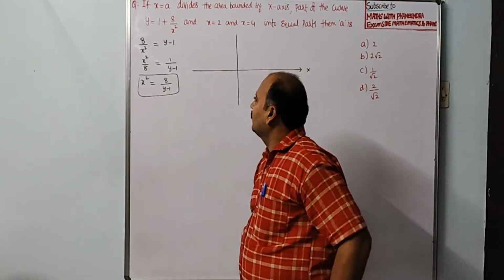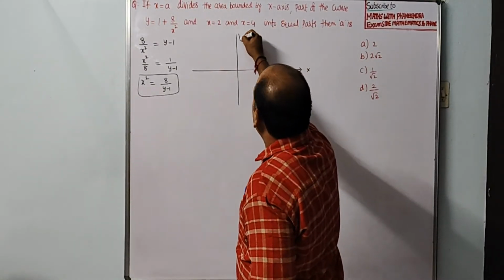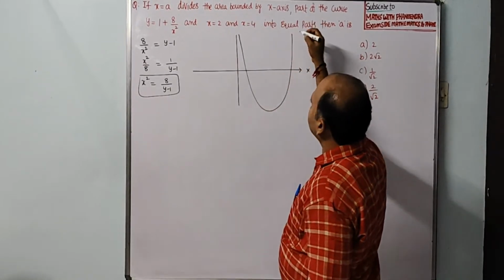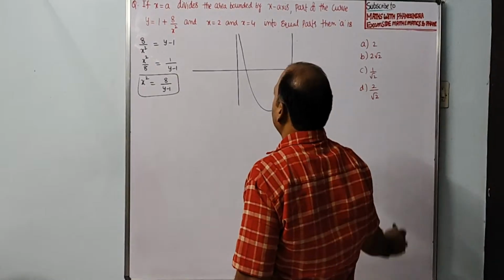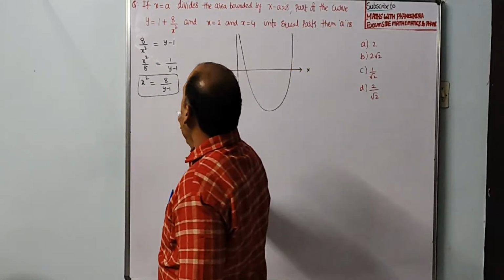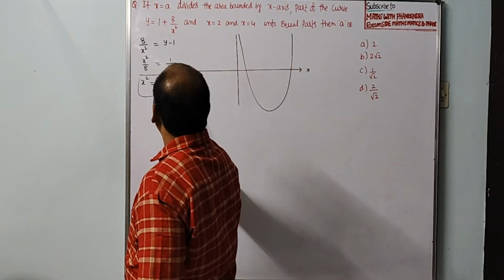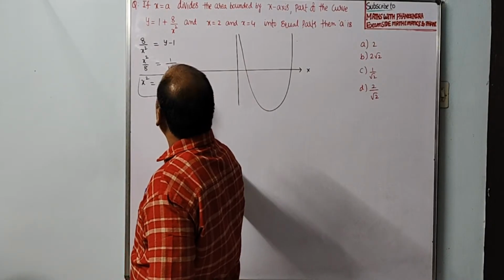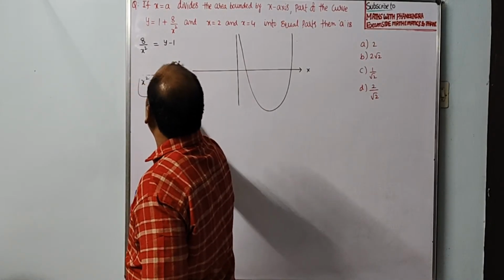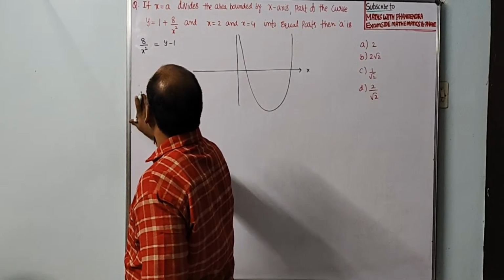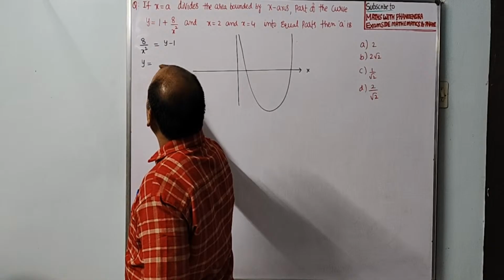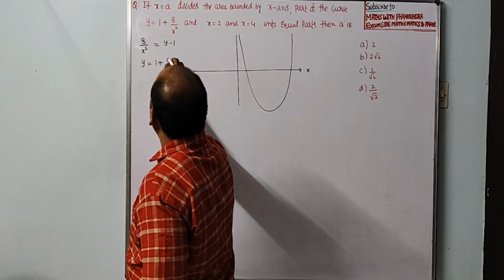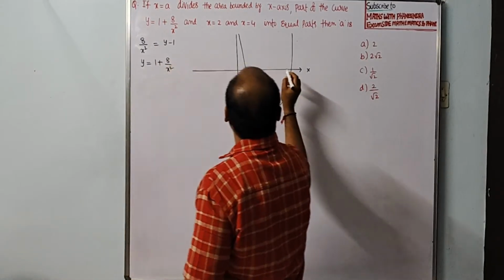X-axis like this. This is with respect to x-axis, no? So y value making as a subject, from that y value make subject means it is directly y value is only given, no? Better to do y equal to 1 plus 8 by x square.